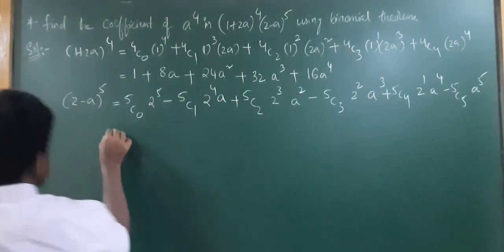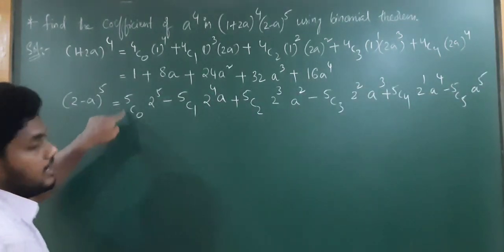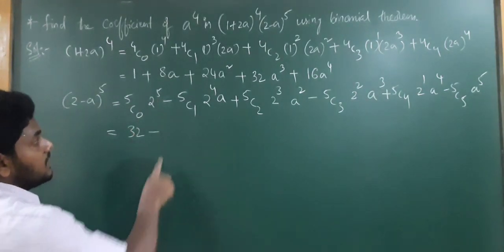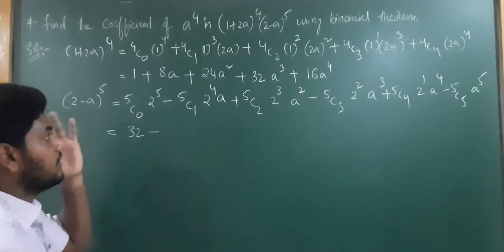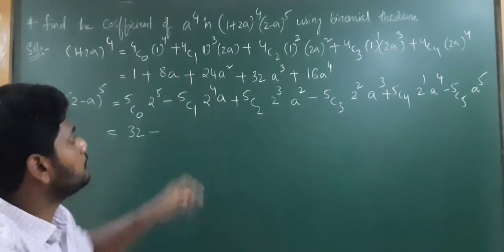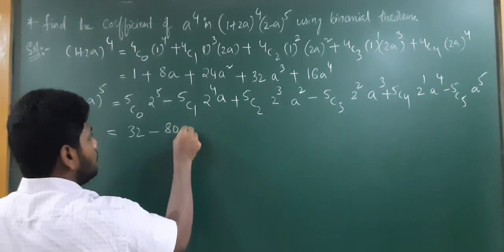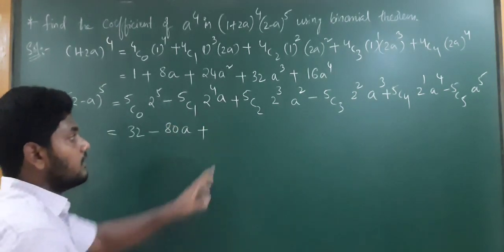So now we will write the values of these also. 5C0, any nC0 value 1, 2 power 5 is nothing but 32, minus 5C1 value 5, 5 into 2 to the power of 4, nothing but 16, 16 into 5 is 80a, plus 5C2 value.